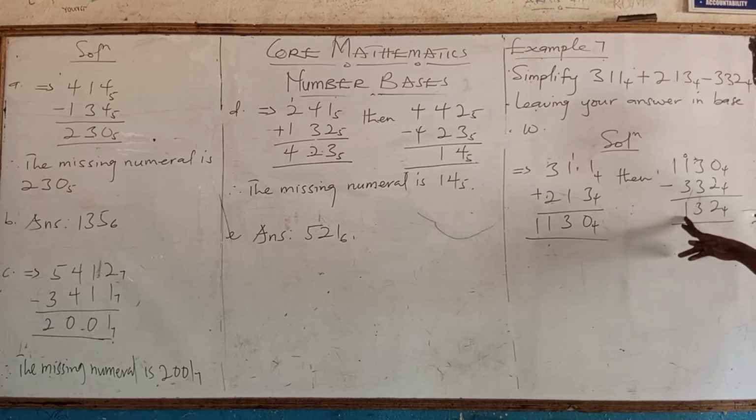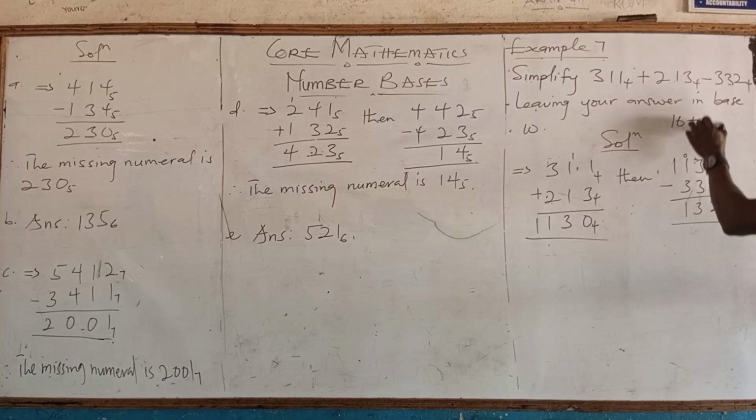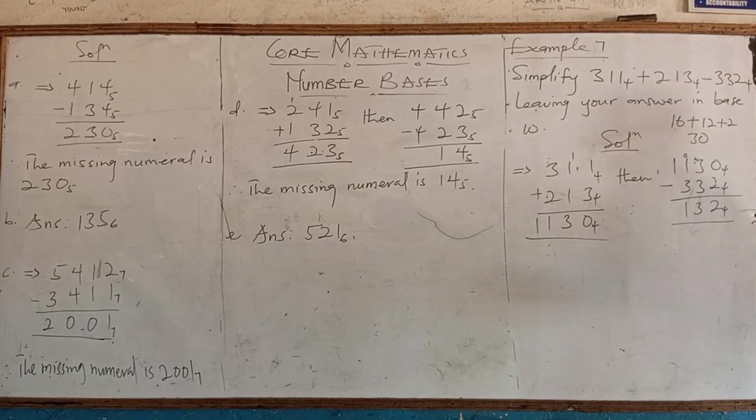So 1 group of 16 will be 16, plus 3 groups of 4, which will be 12. So 16 plus 12, then plus 2. And that one will get us 28. That is 30. Are we getting that?